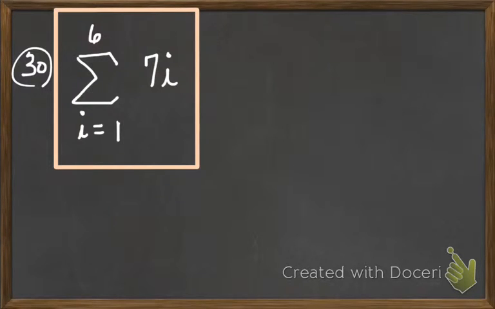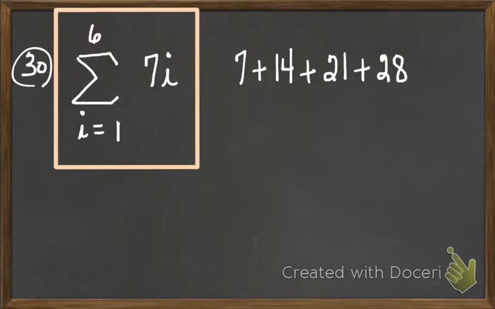So when i is 1, 7 times 1 is 7. And we're going to add that with the number where i is 2. 7 times 2 is 14. Then we're going to add the next number in the sequence, which is 7 times 3, which is 21. Then we're going to add the next number in the sequence, which is when i is 4. So 7 times 4 is 28.